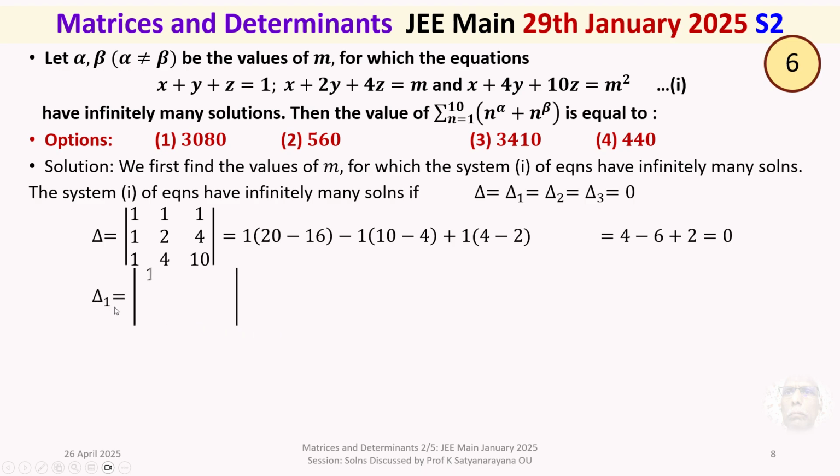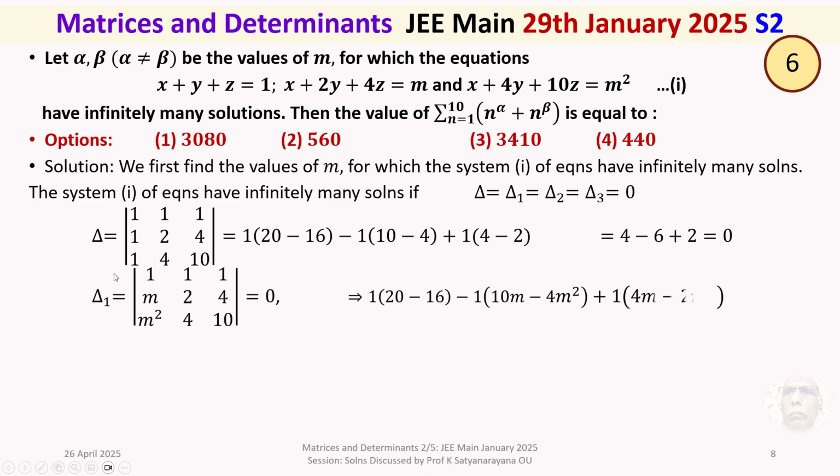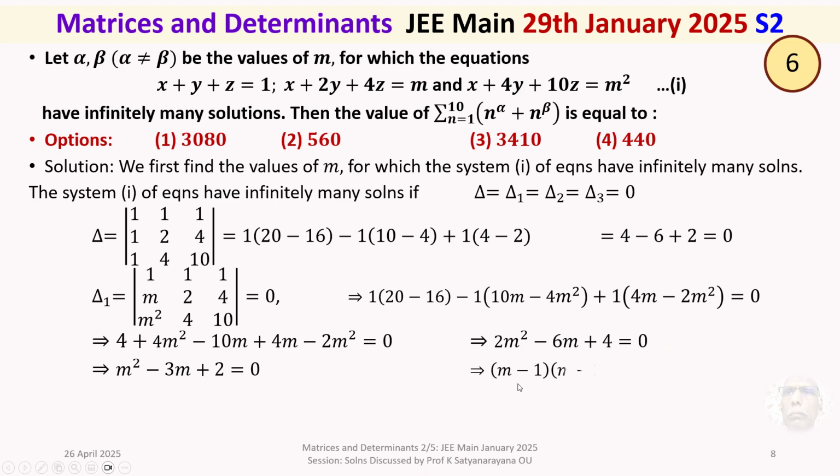Now delta 1 is the same as the determinant delta with the first column of delta replaced by 1, m, m square. And expanding the determinant by first row, we get this, and simplify, we'll get 2m square minus 6m plus 4 is equal to 0. Cancel 2 throughout, we'll get m square minus 3m plus 2.